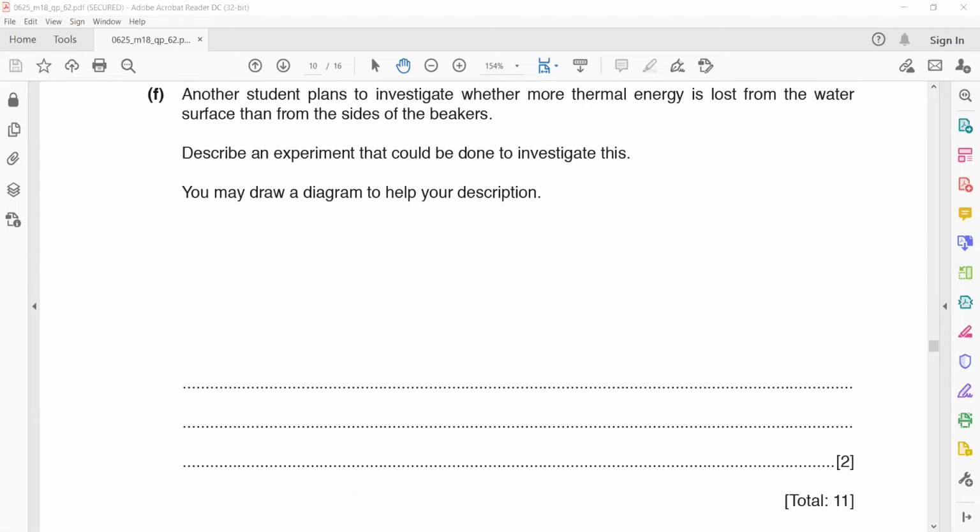So a similar experiment: the student wants to identify that the rate of cooling is affected by the surface, larger surface, greater rate of cooling. So how can he work this out?